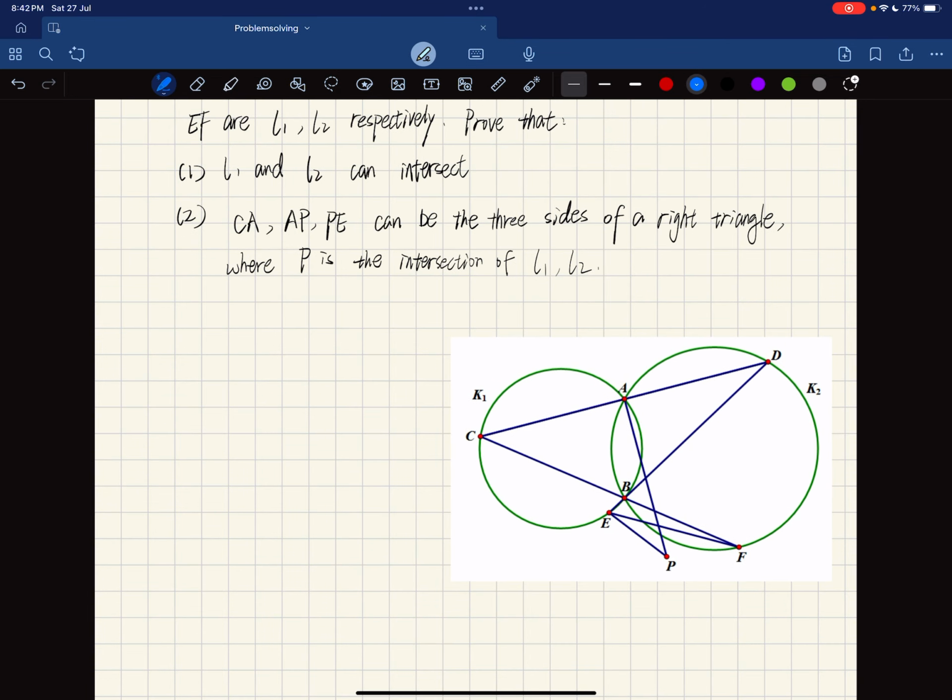First, we look at the first question. We have to prove that L1 and L2 can intersect. What does it mean? That means L1 and L2 intersect.